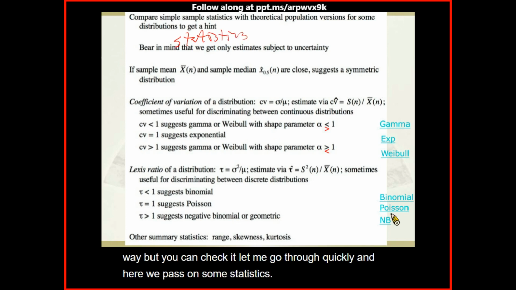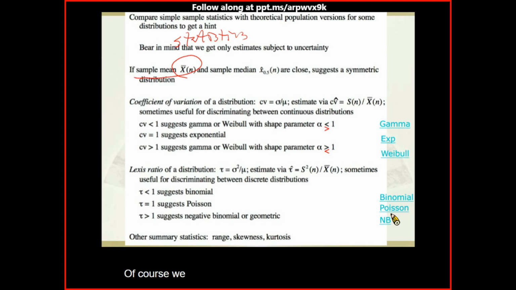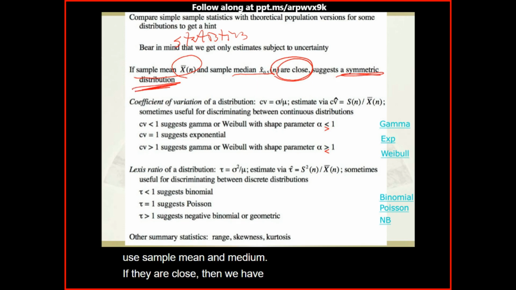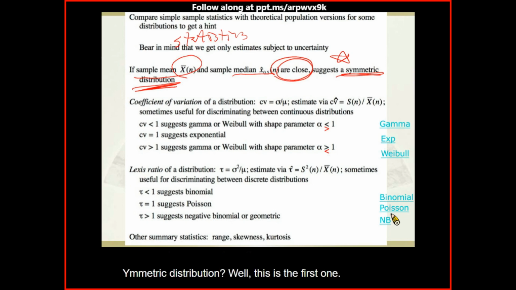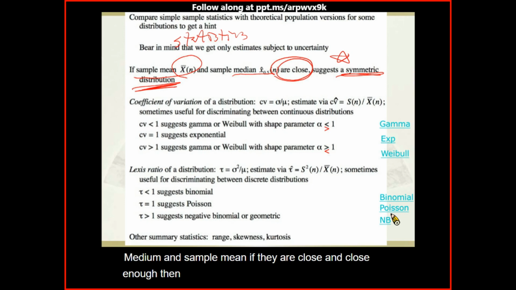Of course, we can have sample mean and median. If the sample mean and median are close enough, then we can have a symmetric distribution.